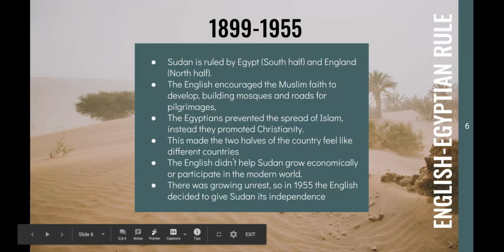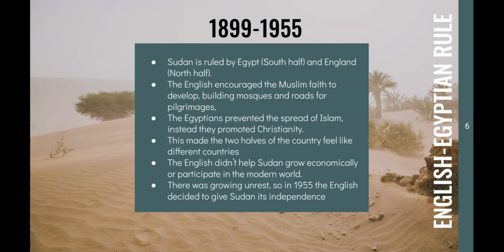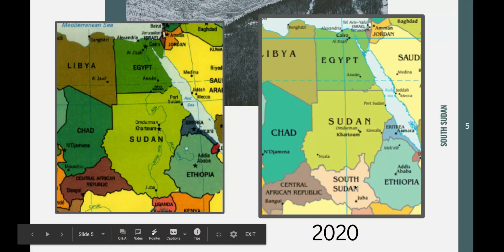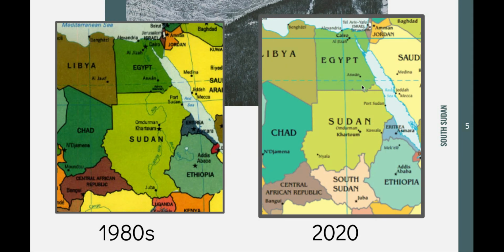So from 1899 to 1955, Sudan was actually ruled by two different countries. They didn't have their independence yet. They were ruled by Egypt in the south. So what would become South Sudan was ruled by Egypt, and they were ruled by the English in the north.